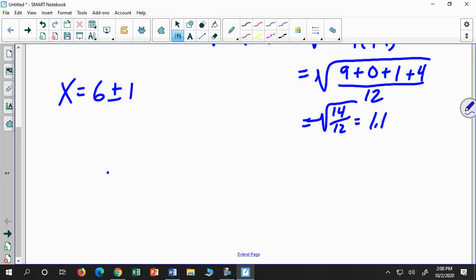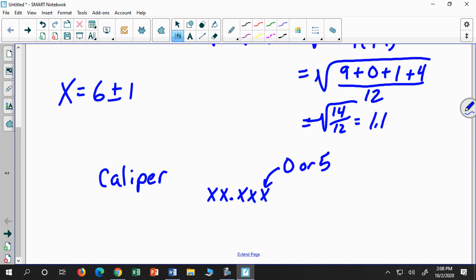And with a caliper, I'll be looking that you have the proper number of decimal places. And so you should have, do y'all remember how many decimal places with a caliper? No, not 2. It would have 3 decimal places. And this last decimal place, isn't that right? Yeah, 3 decimal places. This last decimal place is either a 0 or a 5.